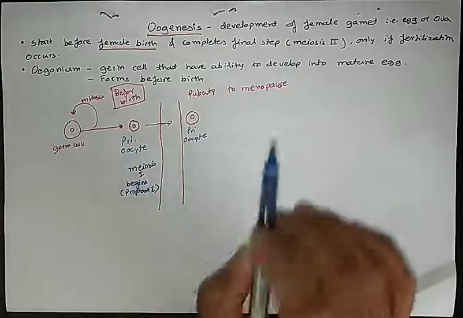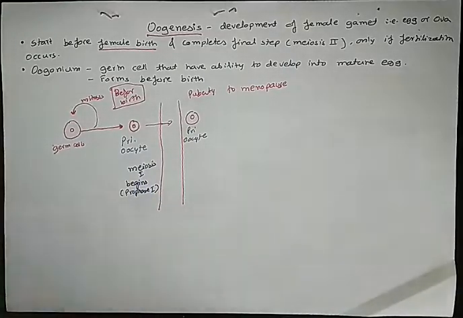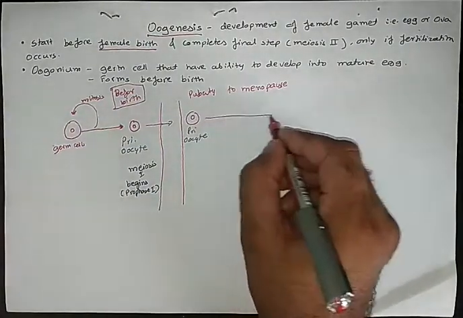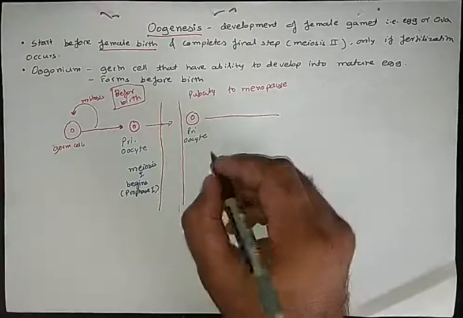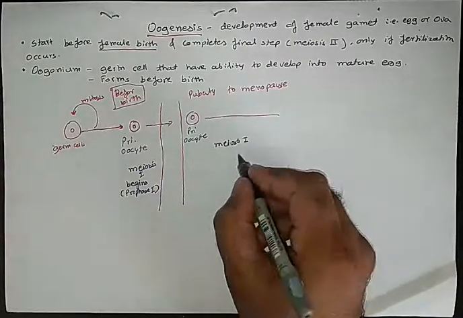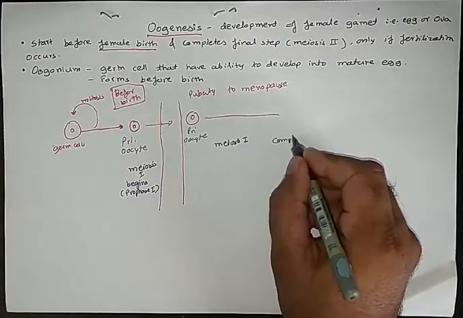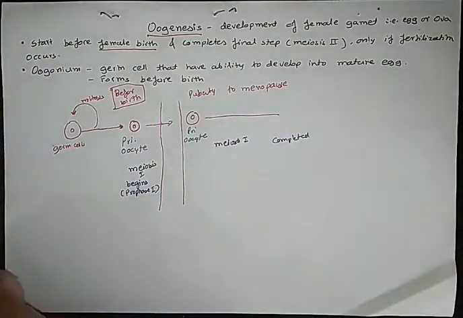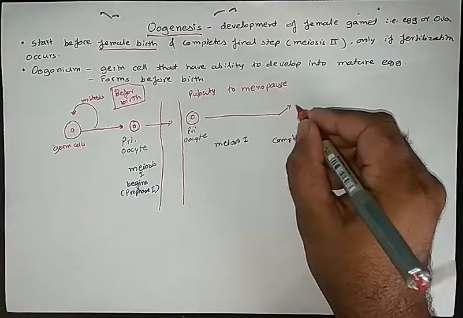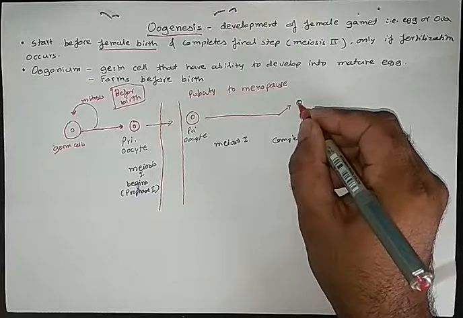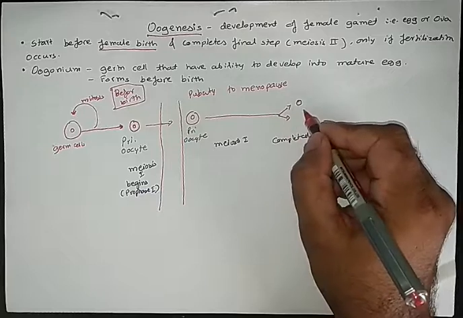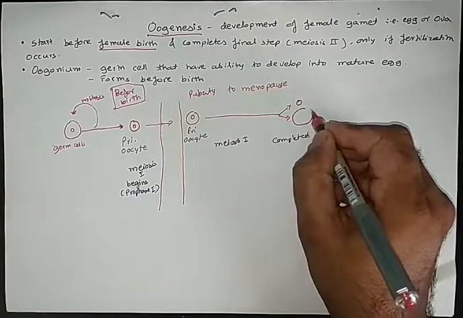And meiosis 1 gets completed. During this period, the primary oocyte completes meiosis 1. So this is meiosis 1, it's a completion. Meiosis 1 gets completed, and then there is formation of one small polar body and formation of a big secondary oocyte.